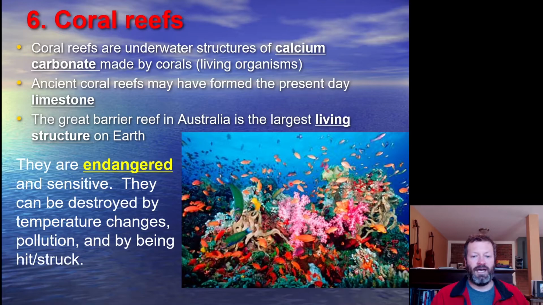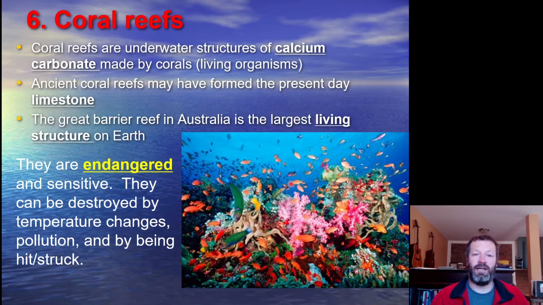And then when they die and sea levels change massively during big geologic events, those coral reefs then turn into limestone. And you can almost think of coral reefs as being one living structure. And so the Great Barrier Reef in Australia is technically the largest living thing on Earth if you think of it all as one big living structure.